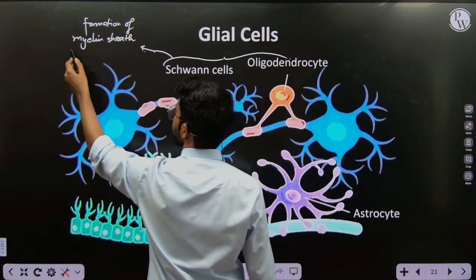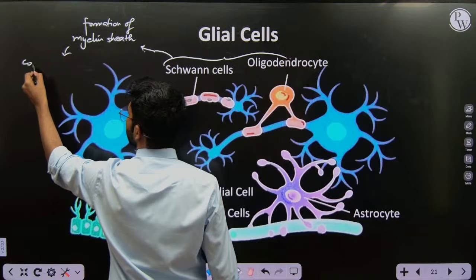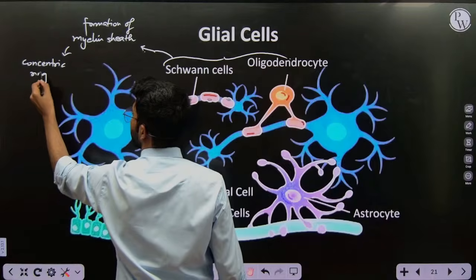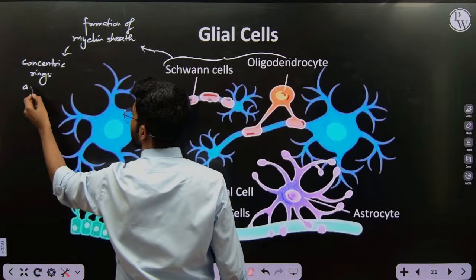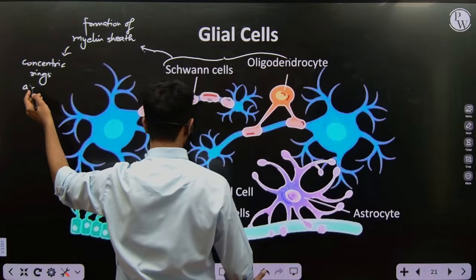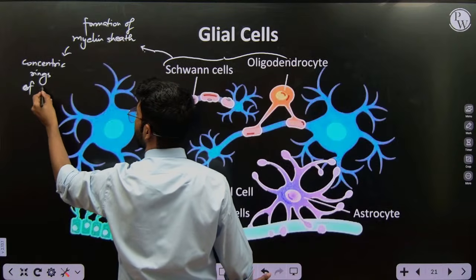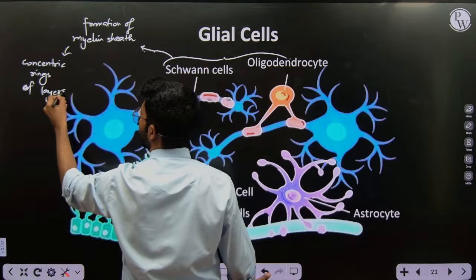Myelin sheath are the concentric rings of layers around the axon.